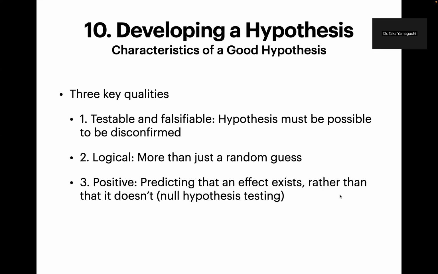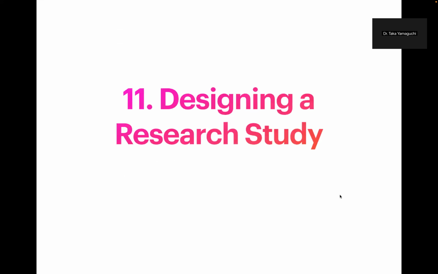It should assert the presence of a relationship rather than its absence, as science aims to prove something exists rather than disprove it. This approach aligns with the scientific method and underlying statistical principles.